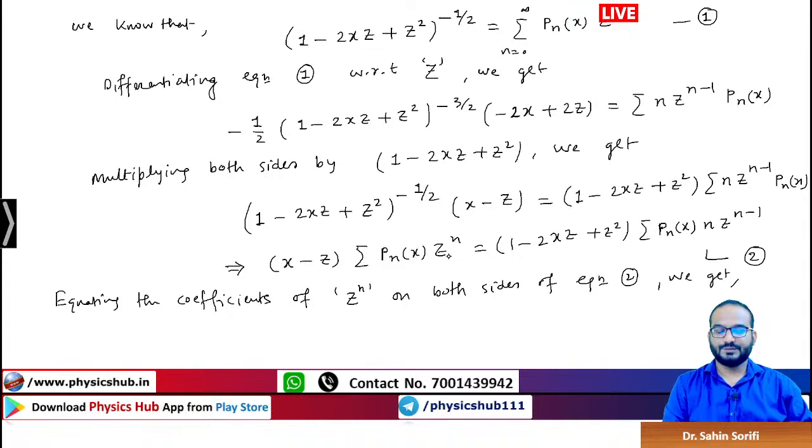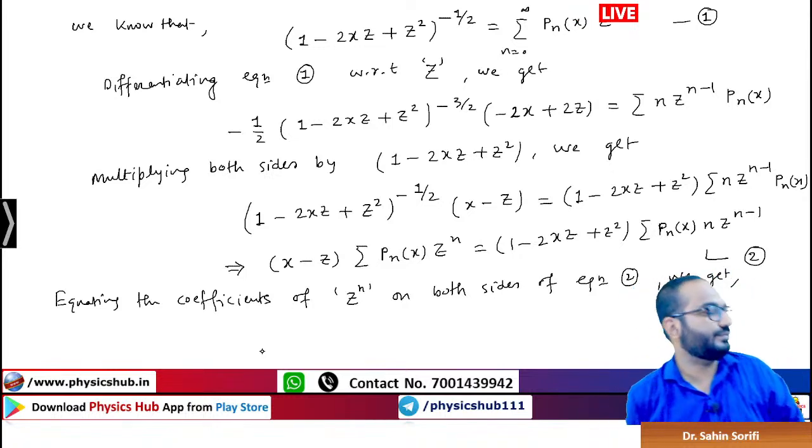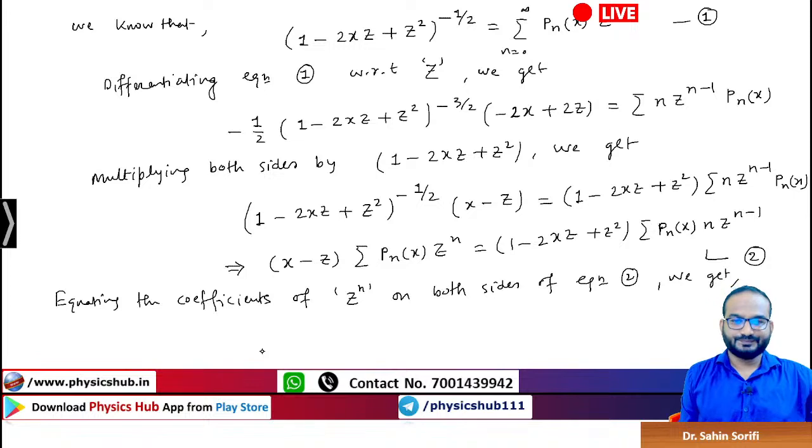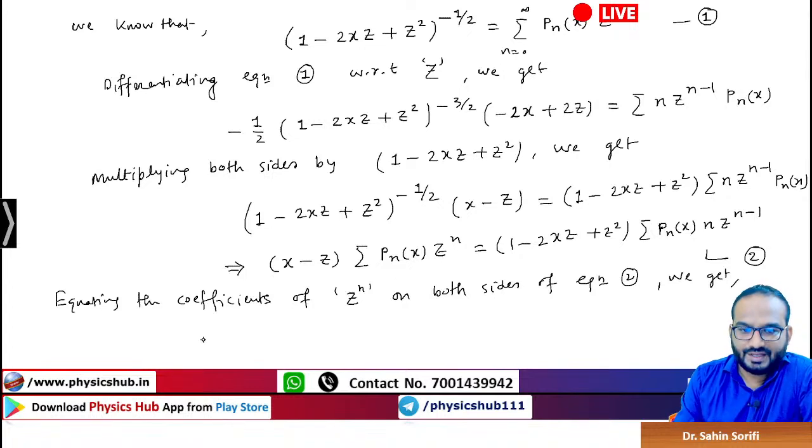Here, x into P_n(x) z^n, so x P_n(x) is the coefficient of z^n.